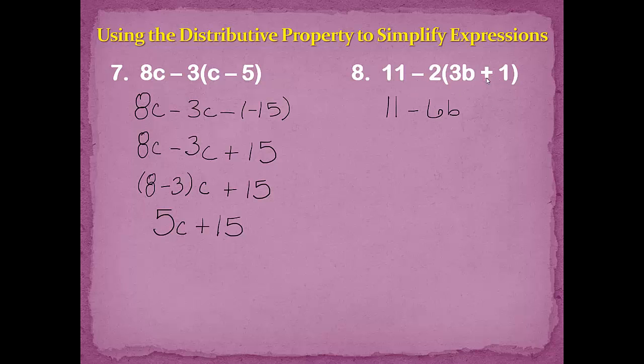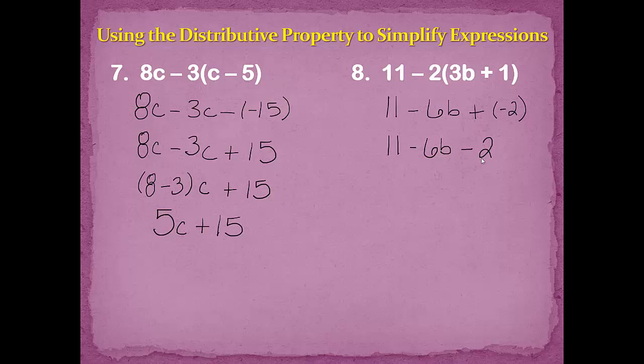And then I have plus negative 2 times 1, which is negative 2. I'm going to simplify so I don't have two signs here. So 11 minus 6b plus a negative is minus 2.